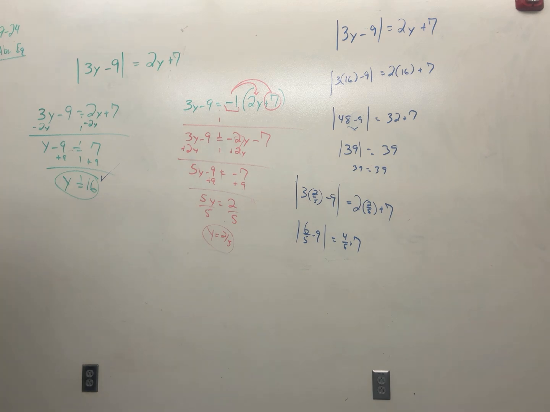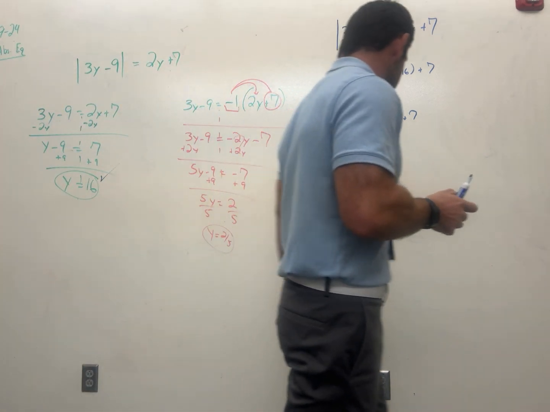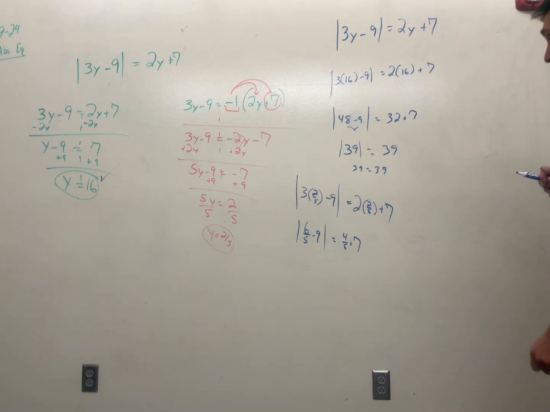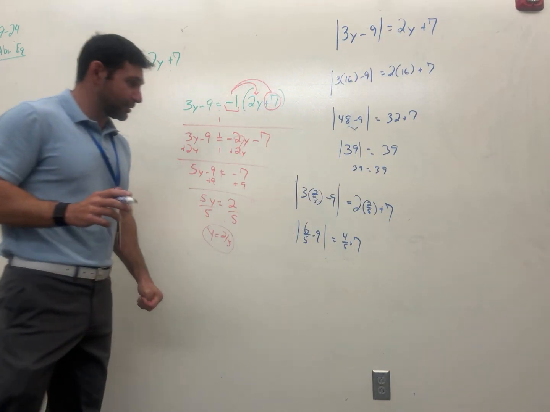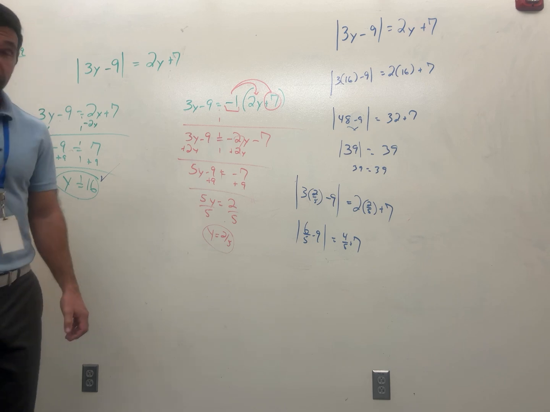If you have a calculator, is that right? 4 fifths, 2 times. Did I do this correct? I hope so. Should be. If I have my calculator, this should work.